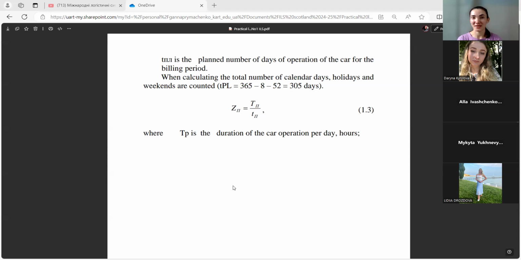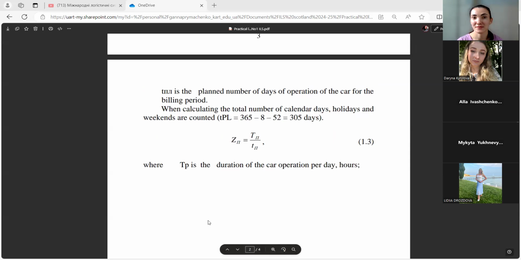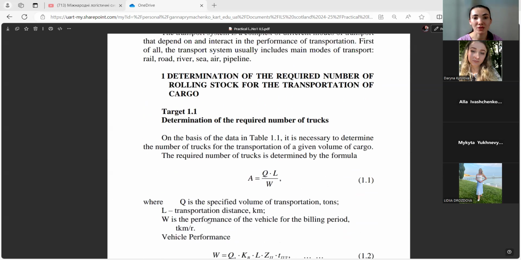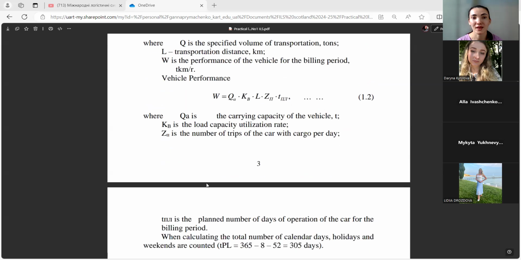Okay, decided this index Z with index pair. That means 1 minute, I find it here. It is the number of trips of the car with cargo per day. So if it is not one, we can round it up to the bigger part. For example, you have 1.3.